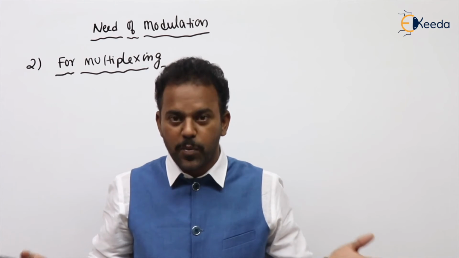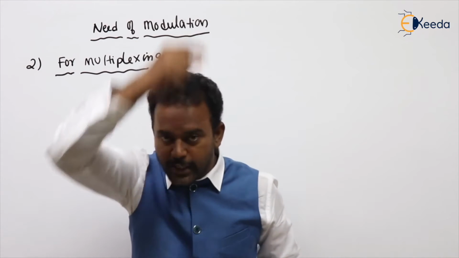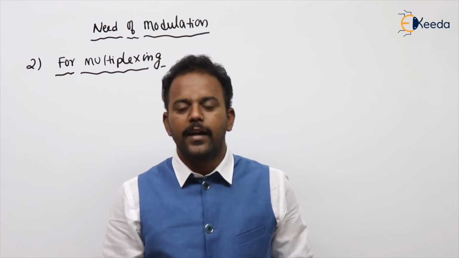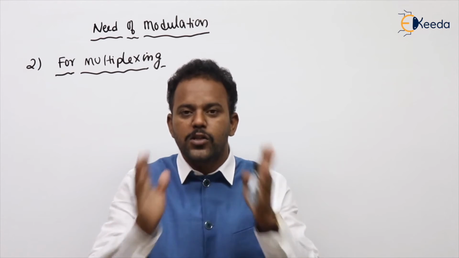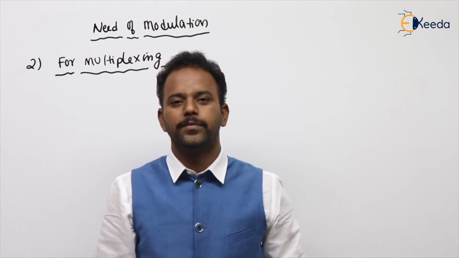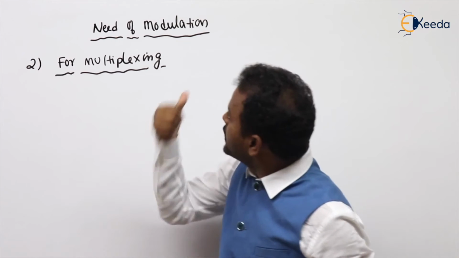Hundreds of channels are possible. Means those hundreds of channels are coming through the same cable, no? Here, transmission of more number of signals through a single channel itself is called multiplexing. If you want to go for multiplexing, modulation is a must.